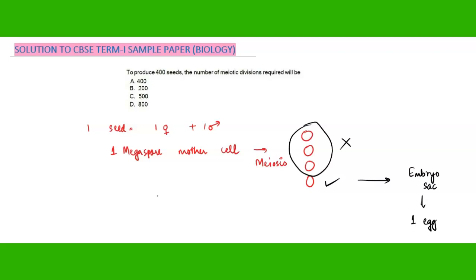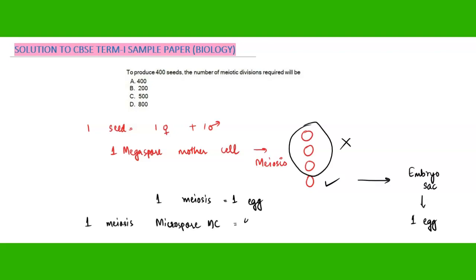So overall logic is one meiosis makes one functional egg.